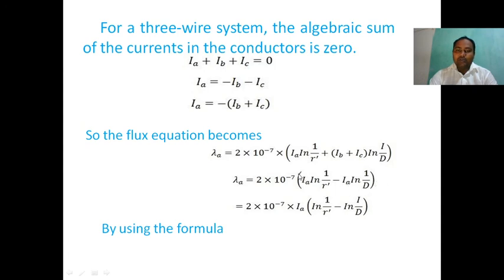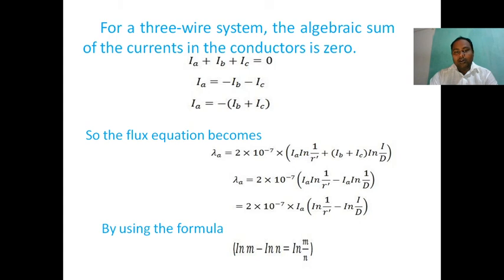This is in the form log m minus log n, which is log m by n. So finally we get 2 into 10 power minus 7 IA log D by R dash.